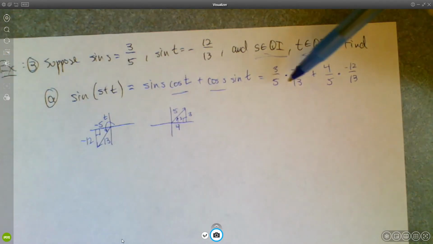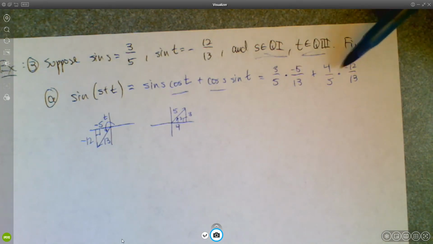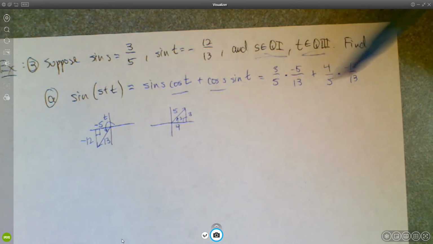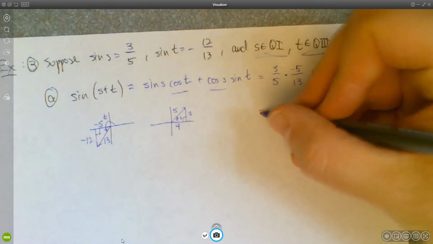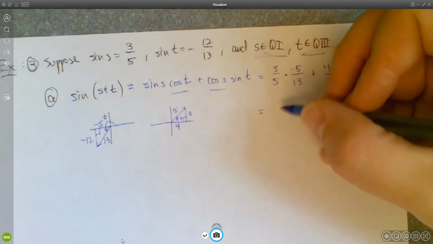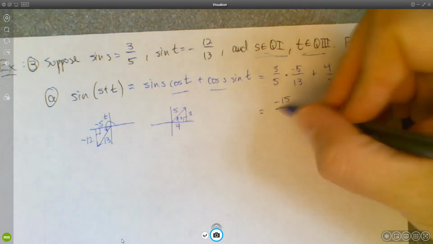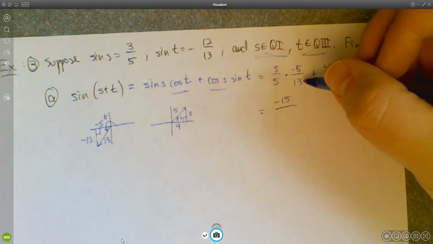So part of me is tempted to cross-cancel 5s here before I multiply, but I can't cross-cancel on this term, and I'm going to want to add these two things together, which means I'm going to need a common denominator anyway, so I might as well not cross-cancel that 5 yet and just multiply it out the way it is. So I'm going to have negative 15 over 5 times 13 should be 75.